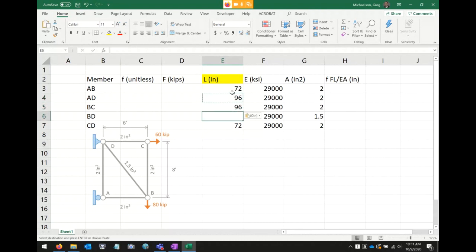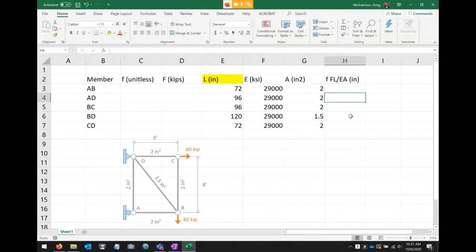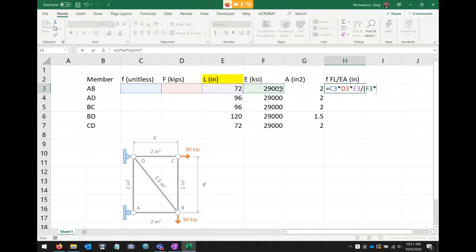And then BD is 10 feet, so 120 inches. Thank you. Now, because this is Excel, I'm going to set up this computation in the column: little f times big F times L, divided by E times A.